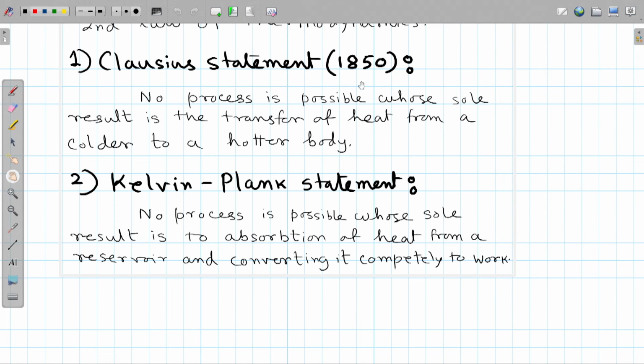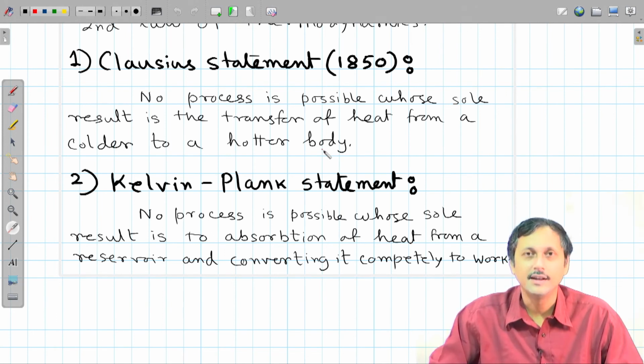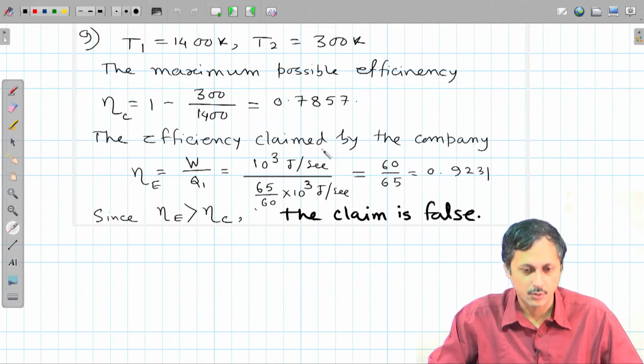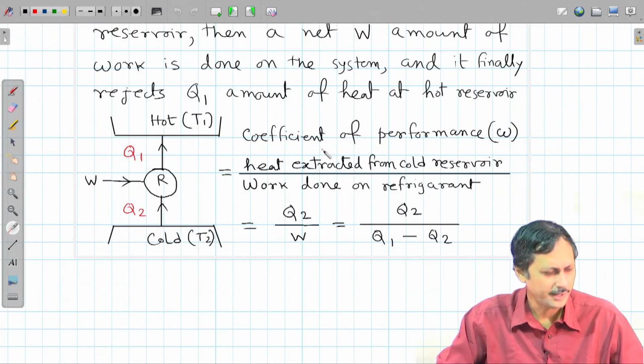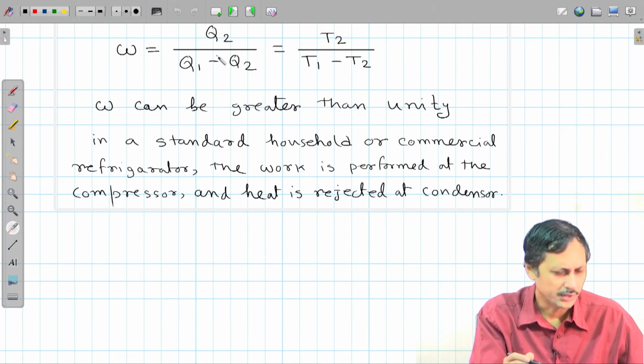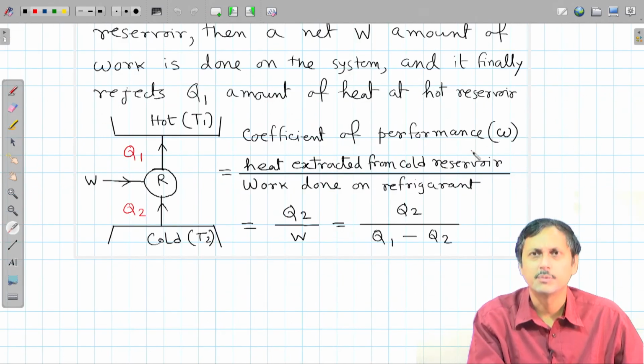So, the Clausius statement, which was given in 1850, says no process is possible whose sole result is the transfer of heat from a colder to a hotter body. What I mean by this is, the Clausius statement actually discards the concept of an ideal refrigerator. An ideal refrigerator needs no work; its coefficient of performance is infinity.